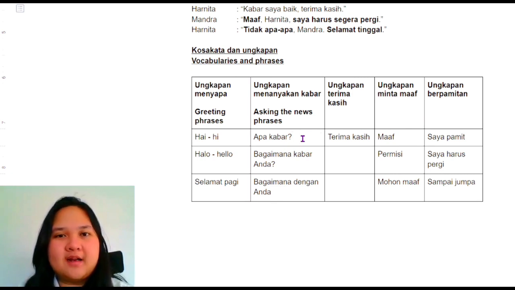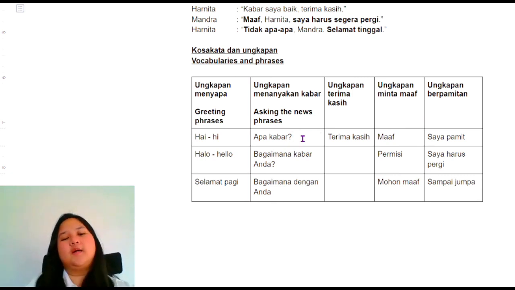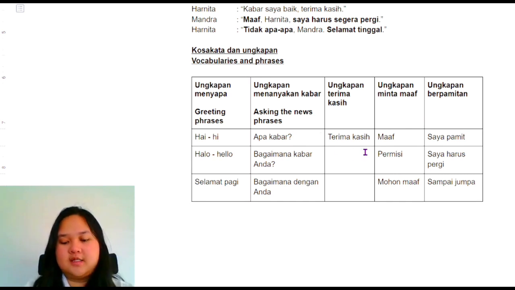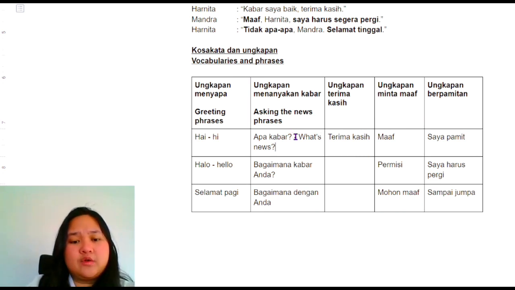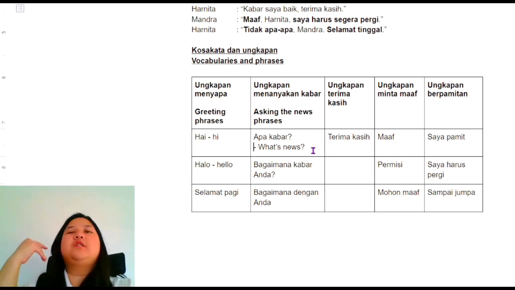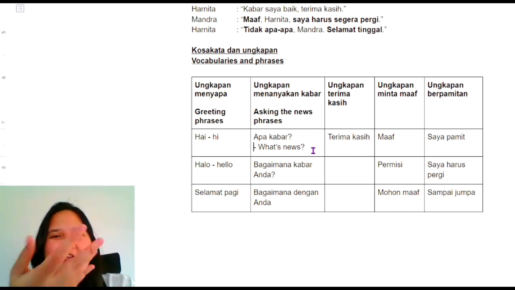So apa kabar, it's how to say what's news, right? What's news? Apa kabar? That is literally what it means, and I would say it's the most common way to say how are you in Indonesian.